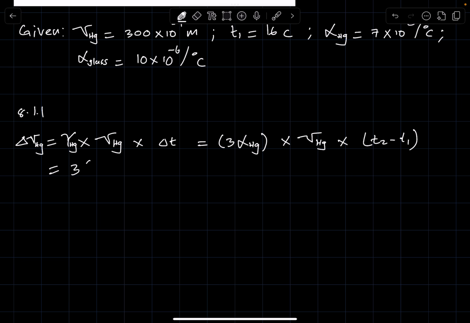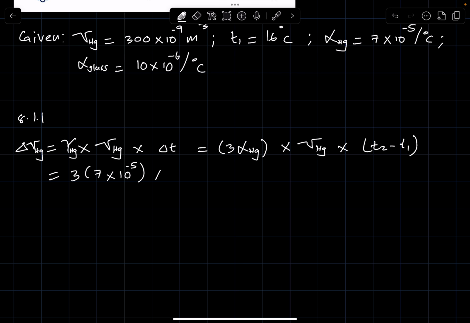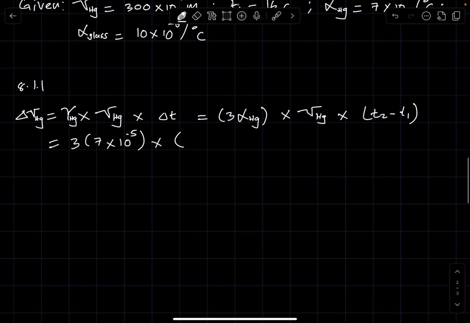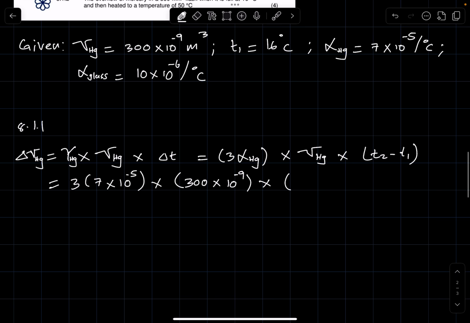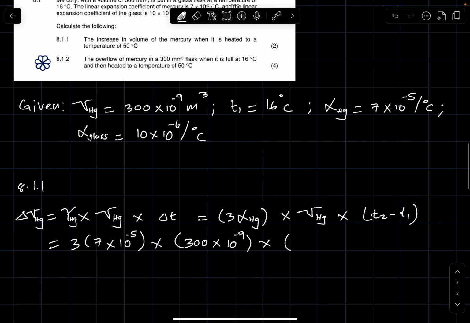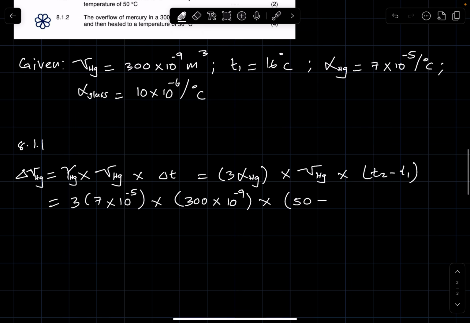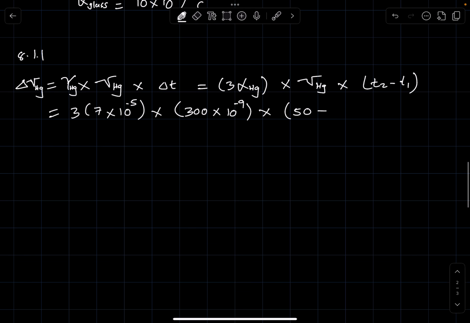Substituting, this will be equal to 3 times 7 times 10 to the negative 5, times the volume, which is 300 times 10 to the negative 9 cubic meters, times the change in temperature, T2 minus T1. T2 is given in the problem as 50 degrees, and T1 is 16 degrees.